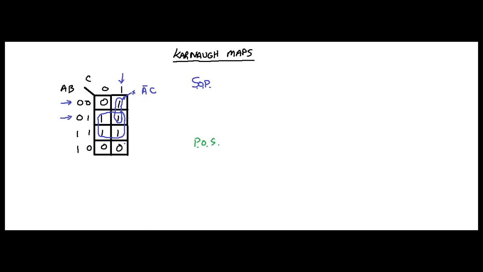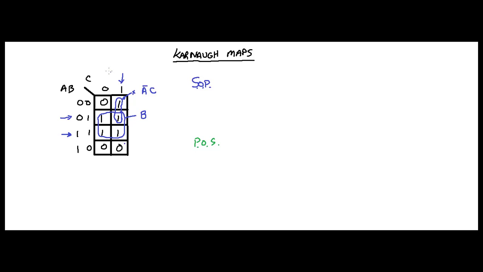Now let's do this one. What's this one going to be? Well, for that one, you can see that group encompasses 2 rows only, right? And that's when A changes, but B stays constant. B is equal to 1. So it's B, right?